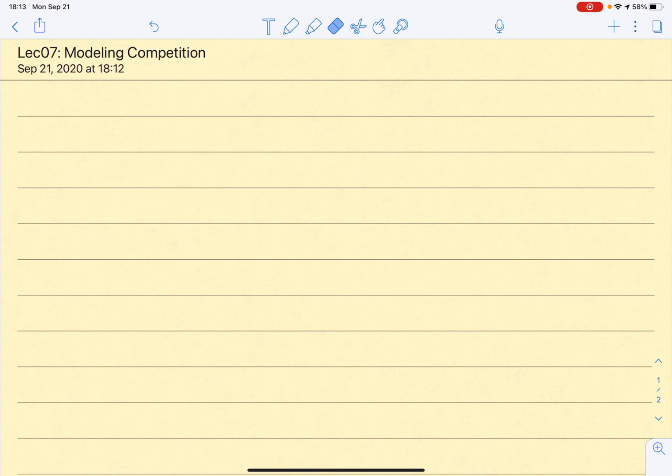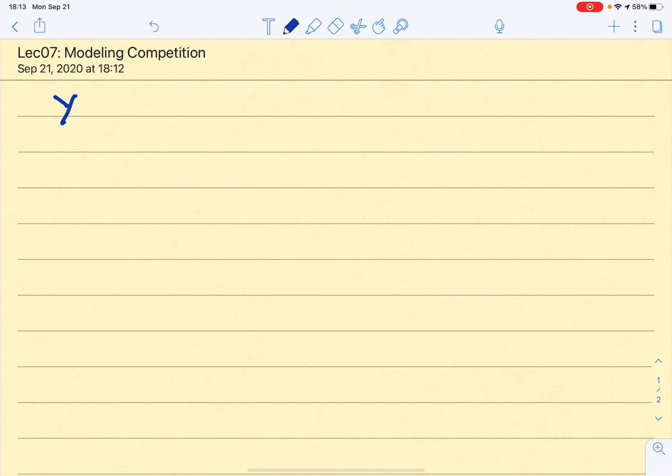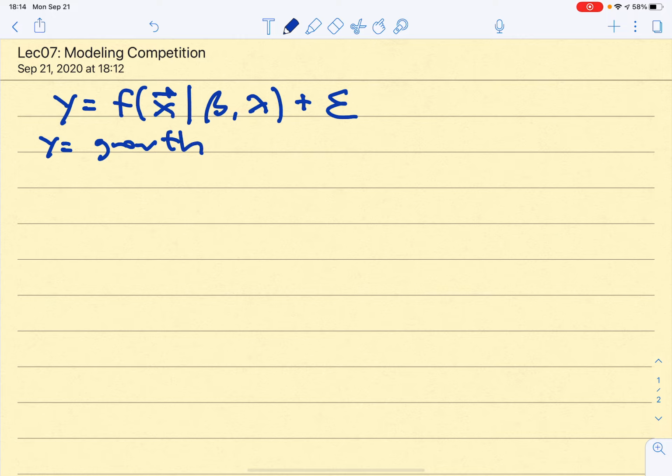Hey everybody, today we're going to talk about modeling competition. Specifically, we're going to consider a model: Y equals f of x given parameters beta plus lambda and a certain amount of error, where y is going to be equal to the growth of a tree between two censuses.